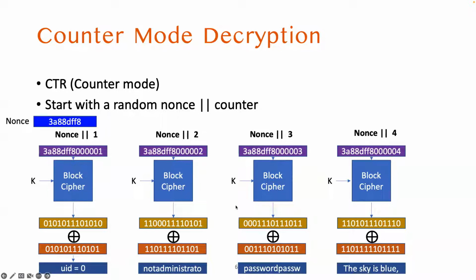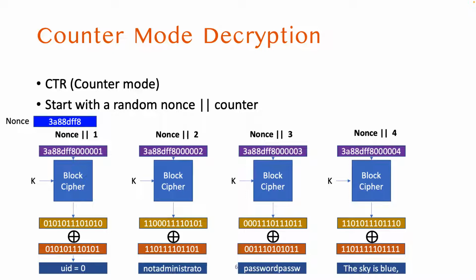Yes, that's exactly true. Attacking counter mode is much easier. Suppose you want to change this value 0 to 1, then you apply the XOR and hit the ciphertext: change the 1 to a 0, then it will result in 1. You don't need to go one block before.